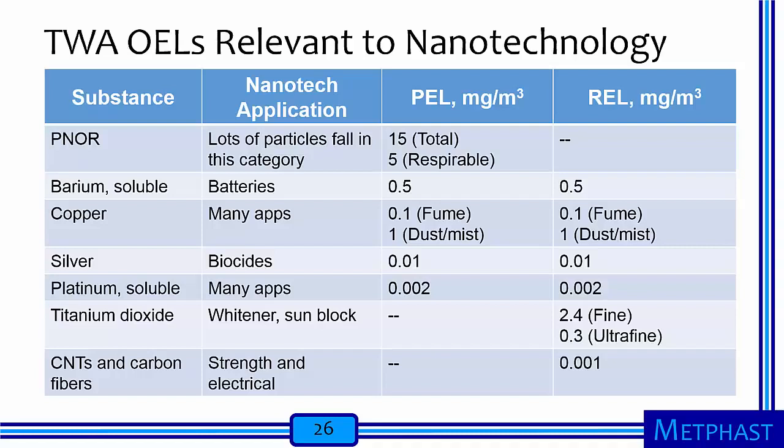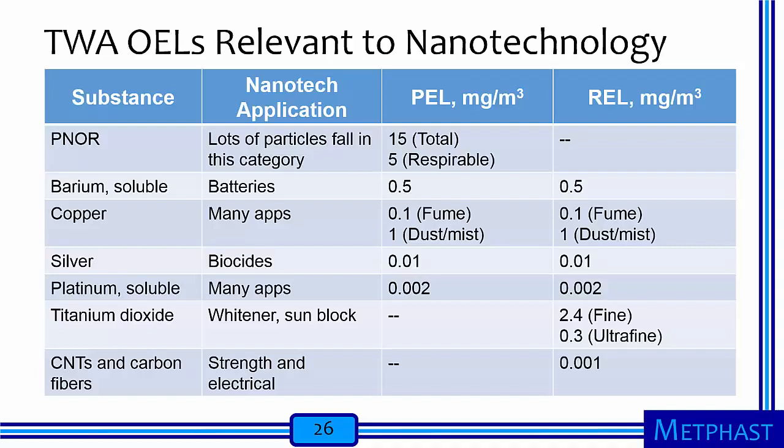So here I've added to the list of example OELs relevant to nanotechnology. Again, I show the permissible exposure limit along with a new column, the recommended exposure limit from NIOSH. NIOSH does not have a recommended exposure limit for particles not otherwise regulated, so the OSHA value is used. In many cases, the REL is the same as the PEL. For the CIBs that have recently been issued, there are substantial changes.